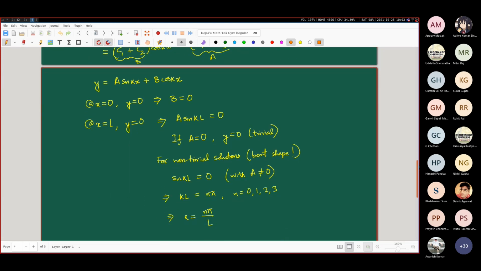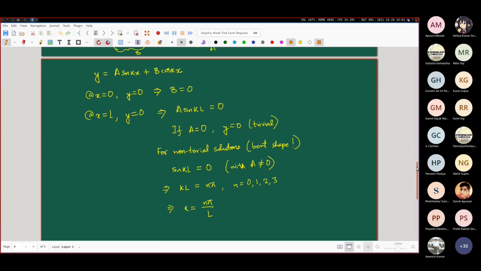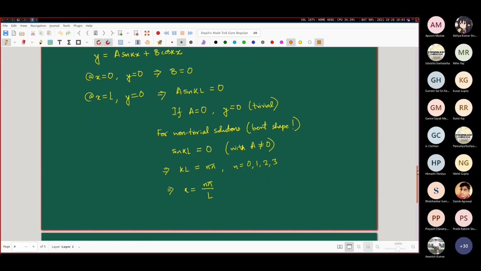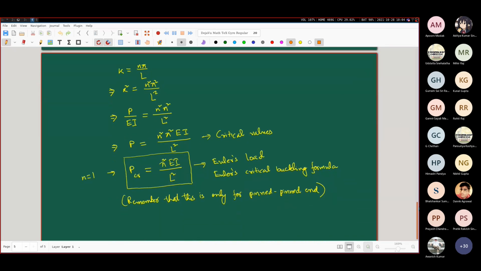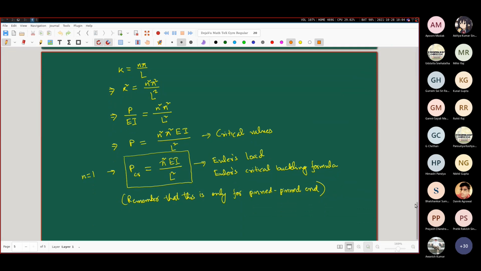We solved this differential equation and, through some conditions, arrived at the formula referred to as P critical. This is Euler's load, or Euler's critical buckling formula.